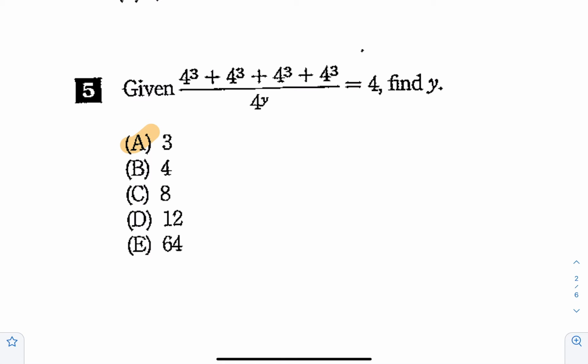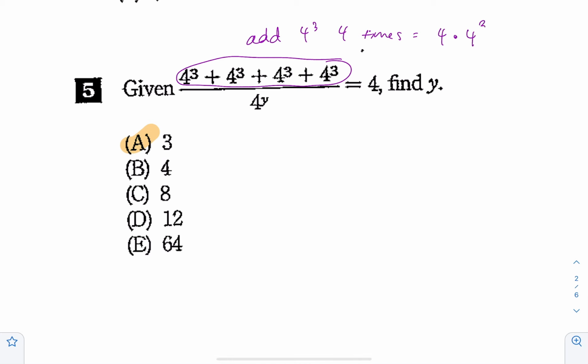Next, for number 5, given 4 cubed plus 4 cubed plus 4 cubed plus 4 cubed divided by 4 to the y is equal to 4, you want to find y. So here, when you add the same thing multiple times, you can multiply. Because you add 4 cubed 4 times, this really turns into 4 times 4 cubed.